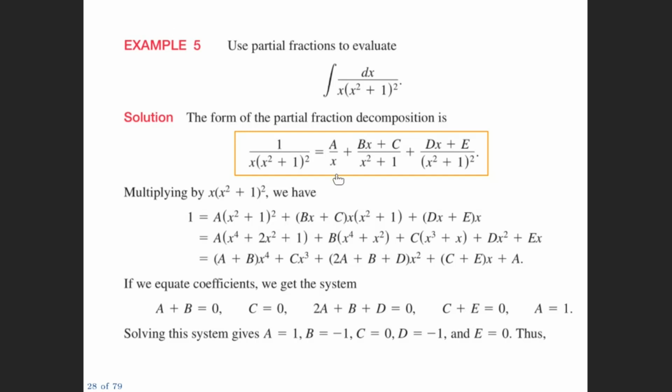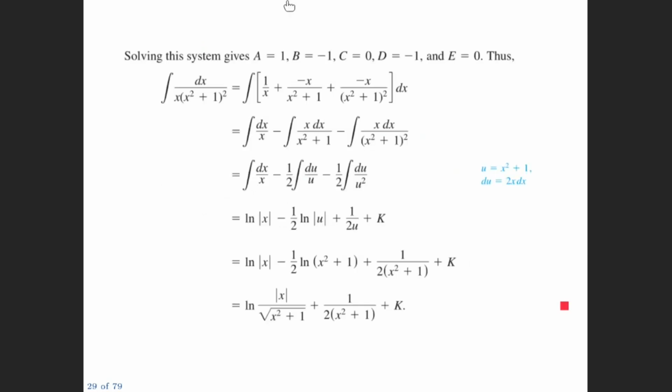So a number over x plus a first degree polynomial over x squared + 1 plus a first degree polynomial over (x squared + 1) squared. And then there's just the same calculations, we'll skip that. And then some easy integrals, and then the answer. You can read this in your textbook, there's nothing new here.